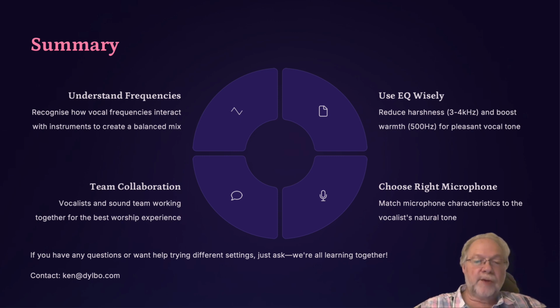And make sure, as well as the appropriate microphone choice for the voice, encourage the singers, the vocalists, to use the distance to the mic in a way that will enhance the quality of their voice.